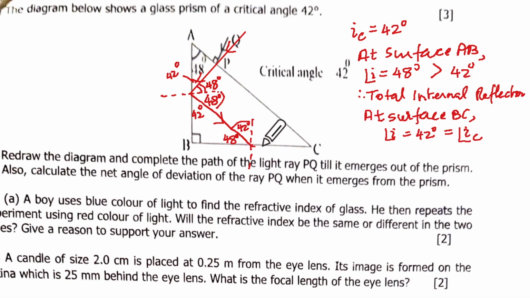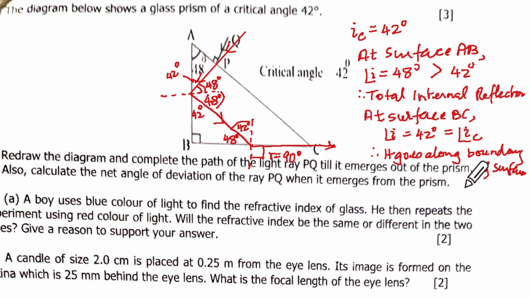So it will go along like this, and this r will be equal to 90 degrees. Therefore, you will say it goes along the boundary of surfaces, and the angle of refraction becomes 90 degrees.